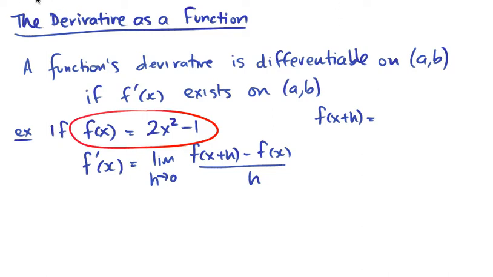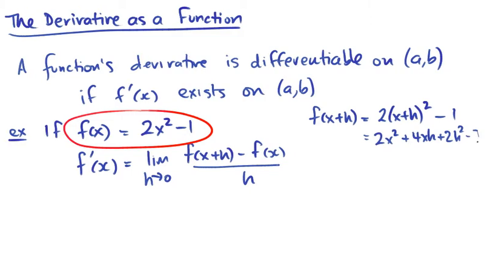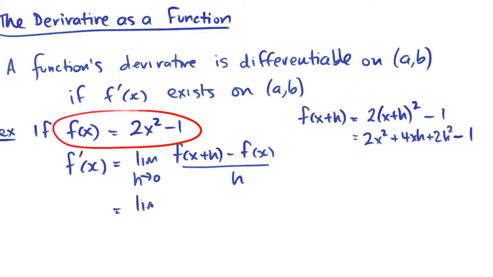So in this case, it's 2(x plus h) squared minus 1, which is 2x squared plus 4xh plus 2h squared minus 1.